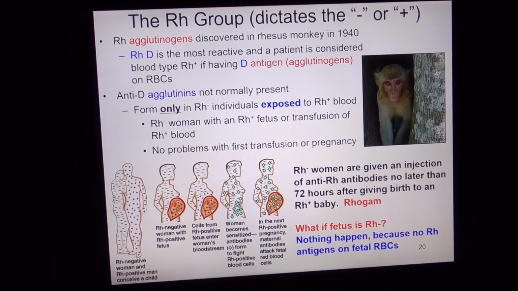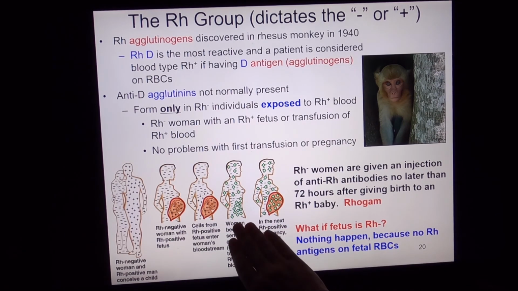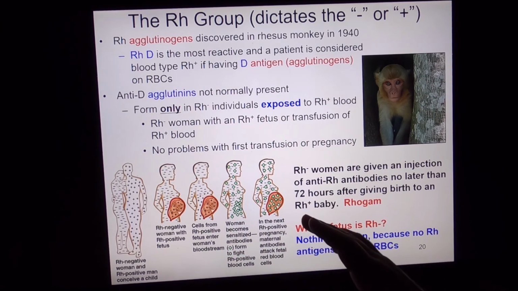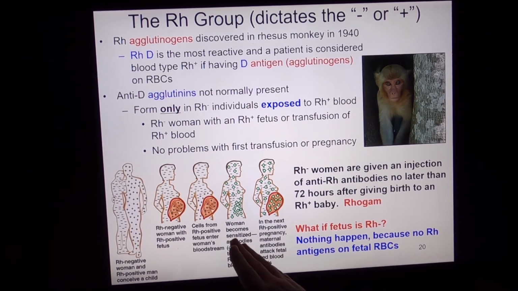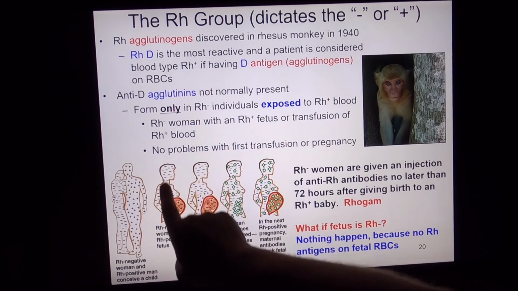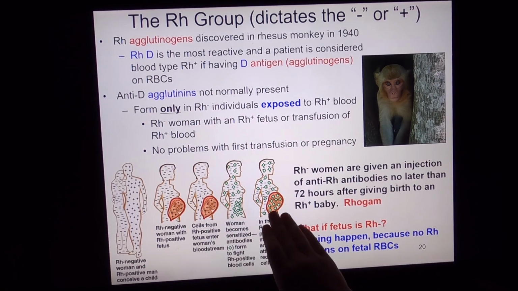Instead of letting mom's immune system fight off this rhesus positive blood, we are giving her antibodies that do the fighting for her immune system, so that her immune system stays what we call naive. That way, mom doesn't develop antibodies, so the next kid will have no problems.